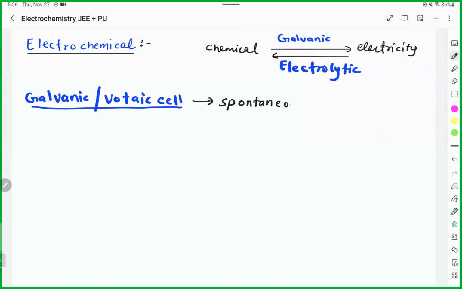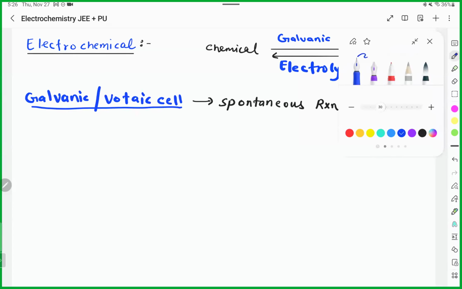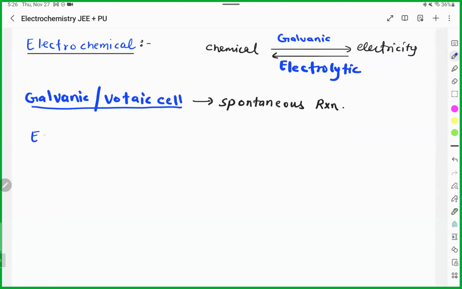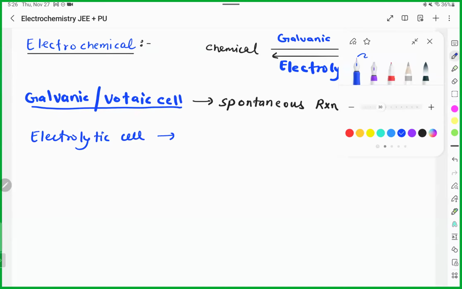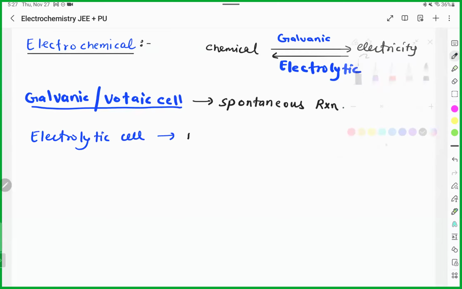Samarth, what do you mean by spontaneous reaction? Sir, once it is appropriately established, it happens on its own. Okay. And Chinmay, what is the meaning of non-spontaneous reaction? Sir, non-spontaneous means it requires input of energy, continuous input. Okay.